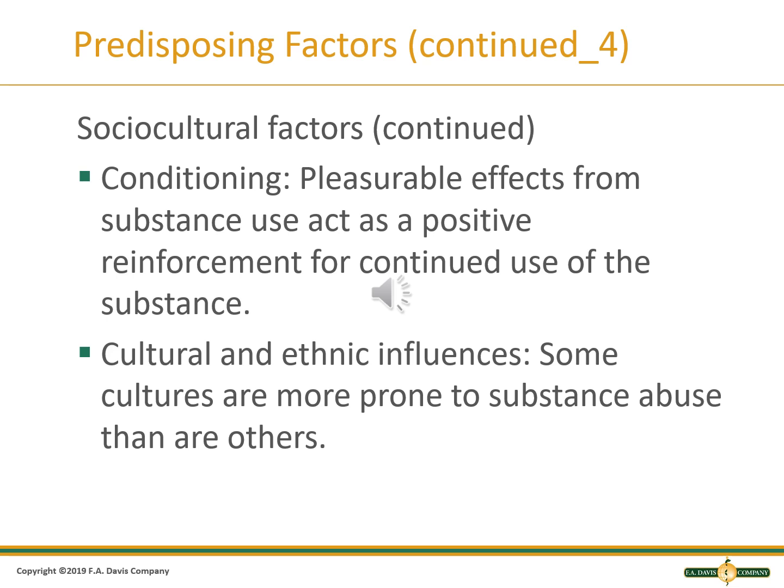We have conditioning, a term used to describe a learned response that occurs after repeated exposure to a stimulus. Substance abuse can become a learned response from the substance abuse itself. Then we have our cultural and ethnic influences. Some cultures are more prone to substance abuse than others.